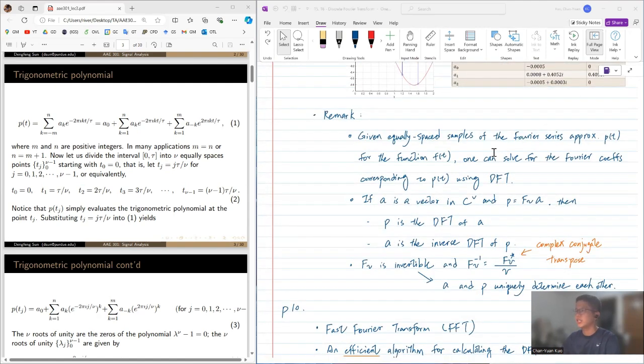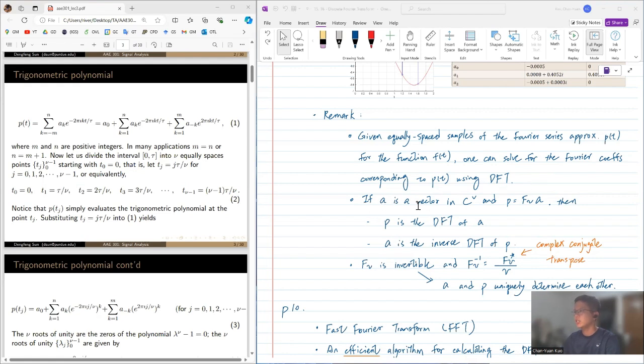Now, before I end this section, let's go through some remarks together. First of all, given equally spaced samples of the Fourier series approximation P of t for the function f of t, one can solve for the Fourier coefficients corresponding to P of t using DFT.